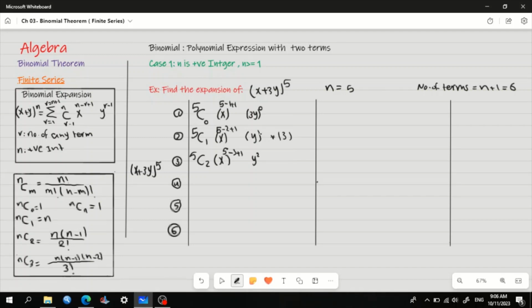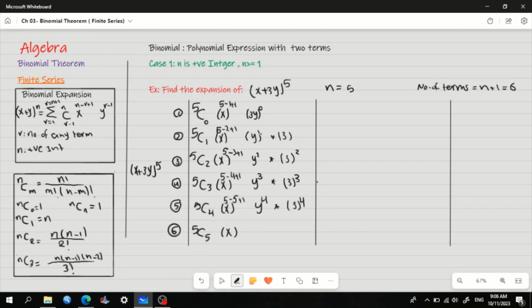And here y squared, 3 squared. 5 combination 3, x to the power 5 minus 4 plus 1, and here y cubed, 3 cubed. 5 combination 4, x to the power 5 minus 5 plus 1, y to the power 4, here 3 to the power 4. 5 combination 5, x to the power 5 minus 6 plus 1, y to the power 5, 3 to the power 5.